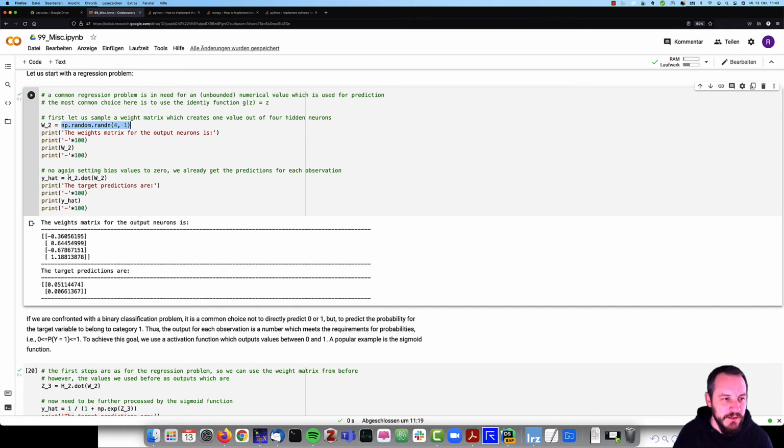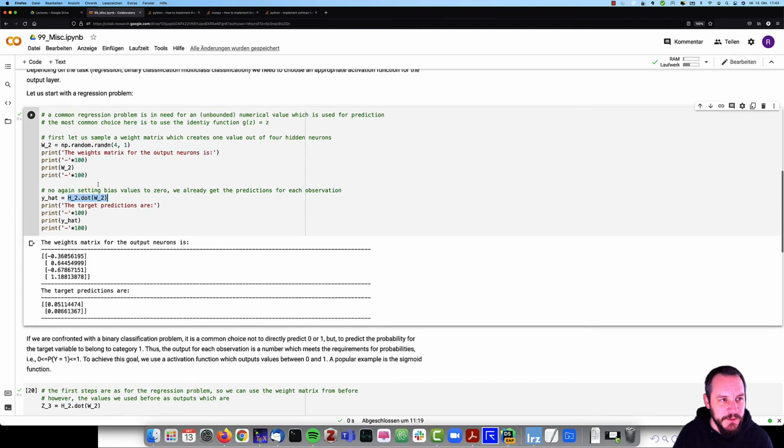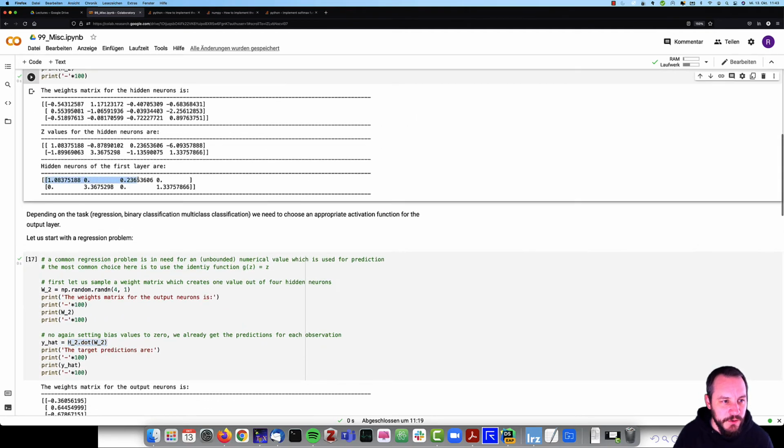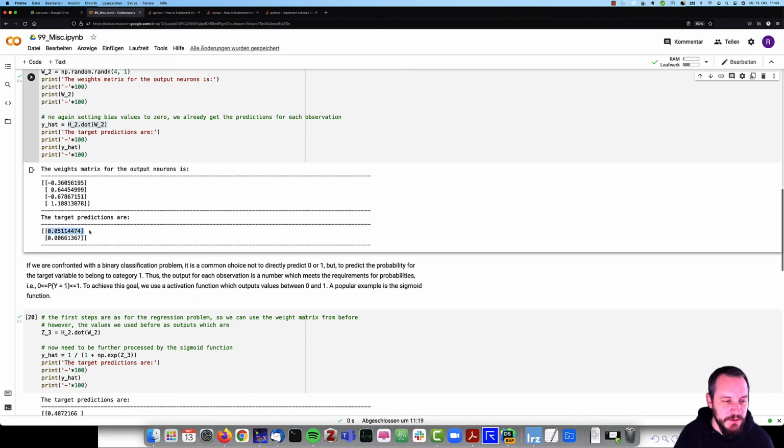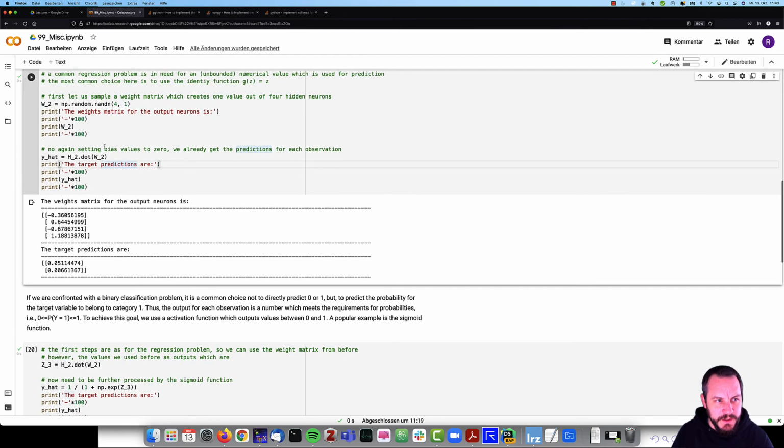So already the affine transformation is enough to generate out of these 4 hidden neurons the prediction which would be given here. The numbers, the values here, they really do not matter. More important is to show you regarding the dimensionality what you need to take care of, or at a later stage you will not directly need to take care of, but I think this is important to understand what happens here. And so this is why we always randomly draw any numbers.